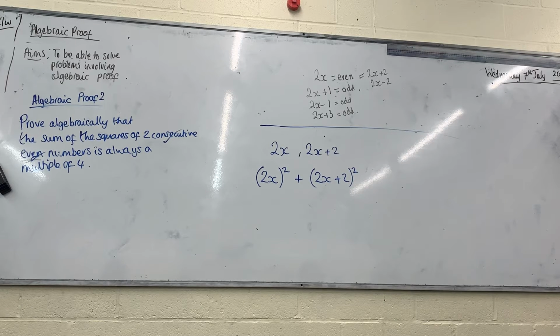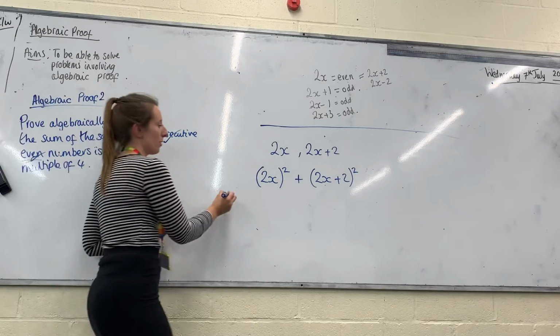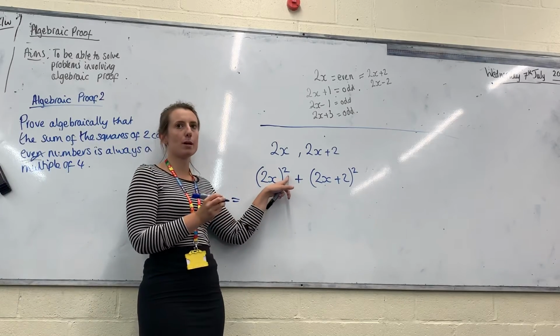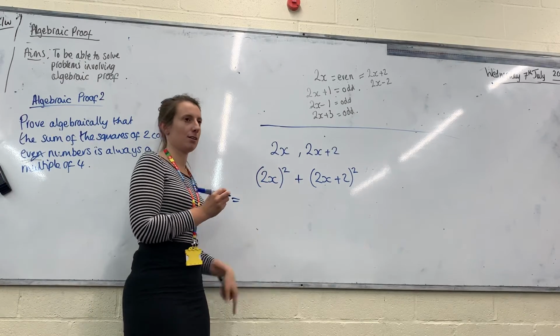So the sum of the squares of 2 consecutive even numbers: I've got the squares of them, and I'm summing them. Sum means add. After that, it's tidy time. So, 2x all squared is 4x squared.